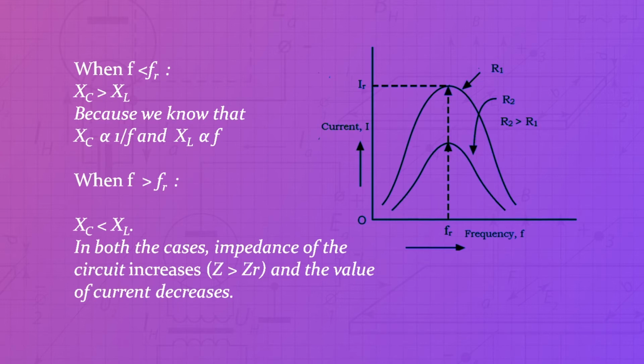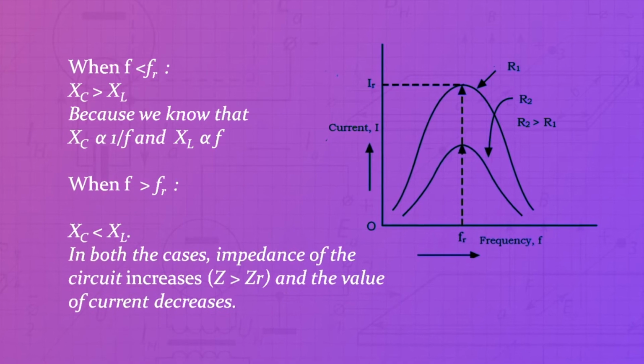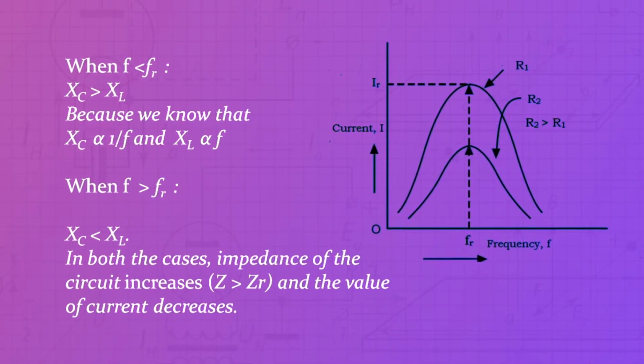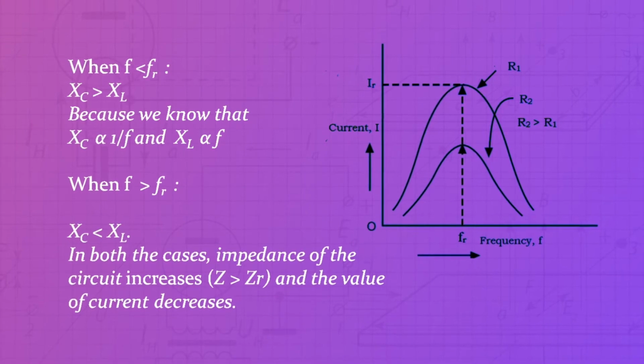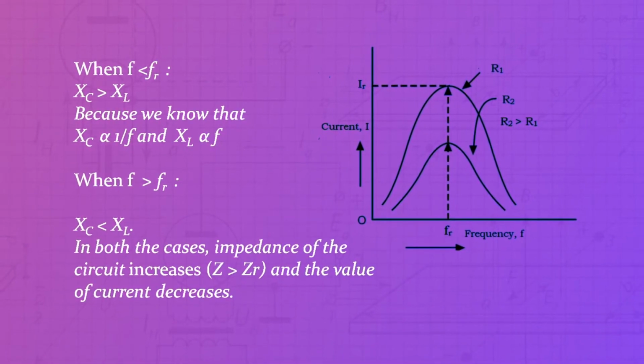In both cases, if the impedance of the circuit without resonance condition is denoted by Z, and the impedance at resonance is denoted by ZR, then Z is greater than ZR and the value of current decreases. Note that the resistance of the circuit also plays its own role. The smaller the resistance, the greater is the current at resonance.